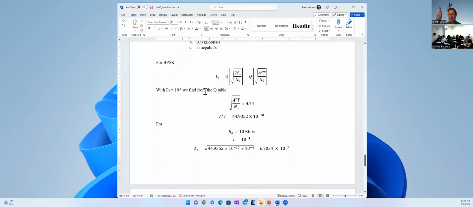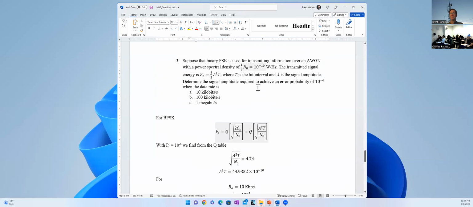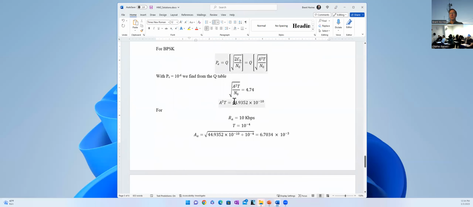So you find what argument corresponds to 10 to the minus 6, and that's about 4.74. That argument inside the Q function will produce this error rate of 10 to the minus 6. So if we square these terms and apply the noise power spectral density given up here, 10 to the minus 10, we end up with this equation here.